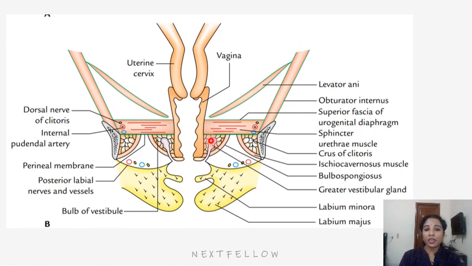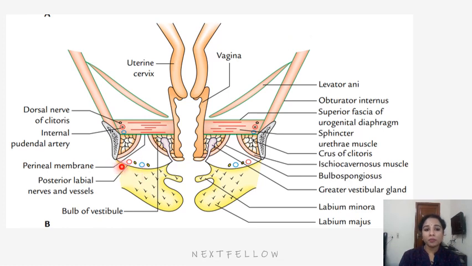We can see the glands here, which are called greater vestibular glands or Bartholin's glands, which are present on each side of the vagina here. Within the bulb of vestibule they are present.